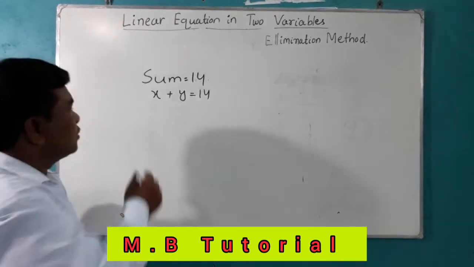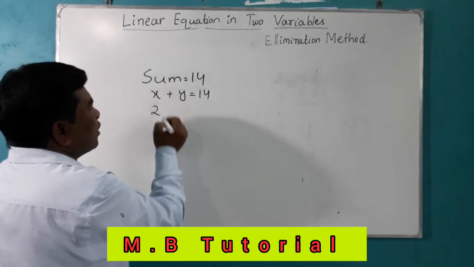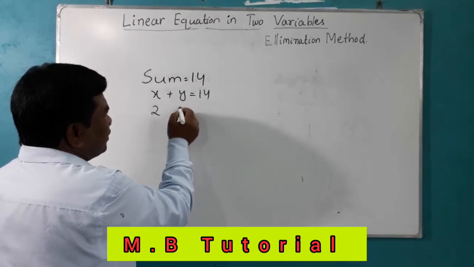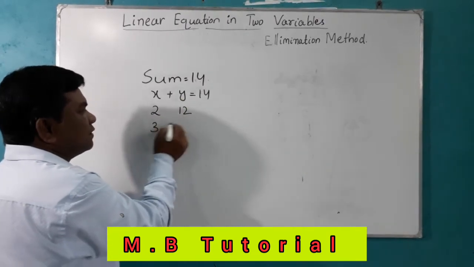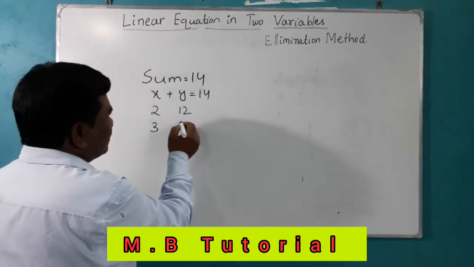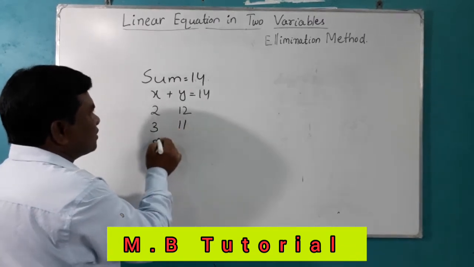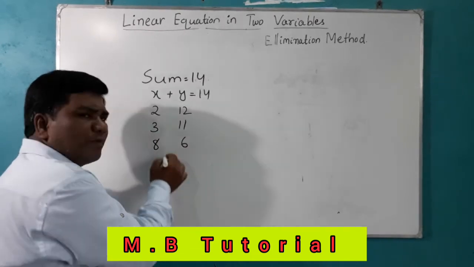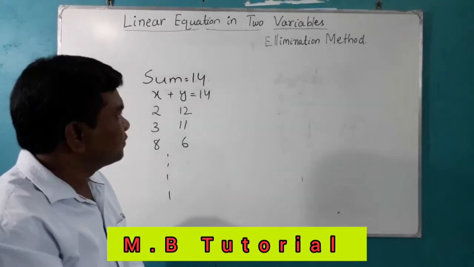It may be 2 and for y it may be 12, or 3 and 11, or 8 and 6. So many values we can find.